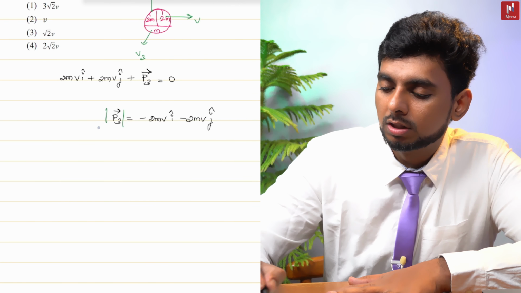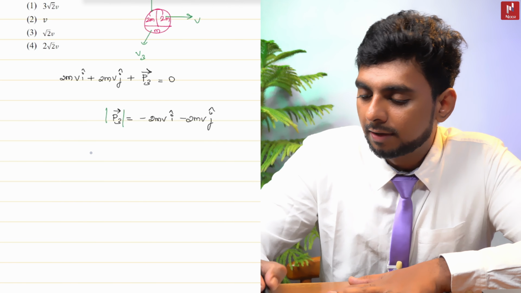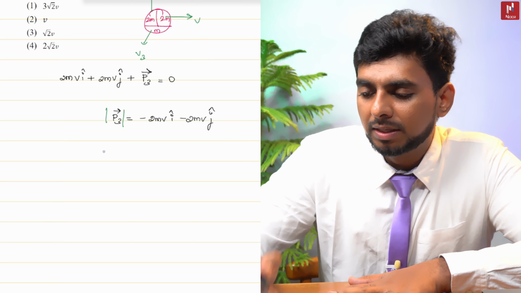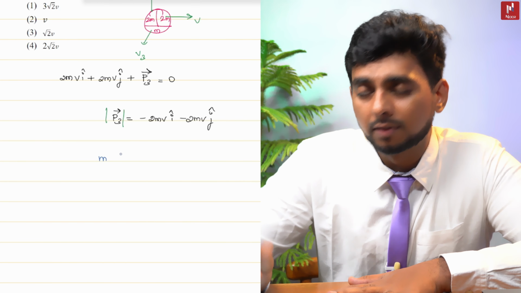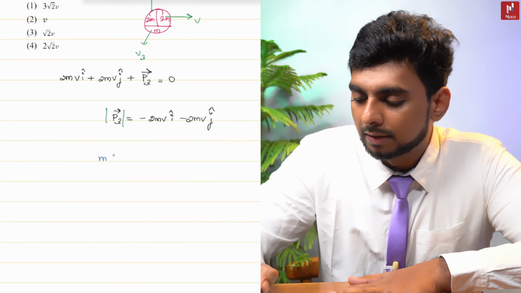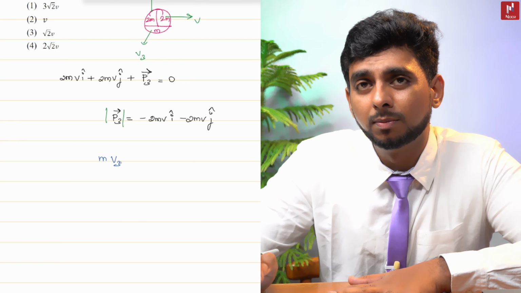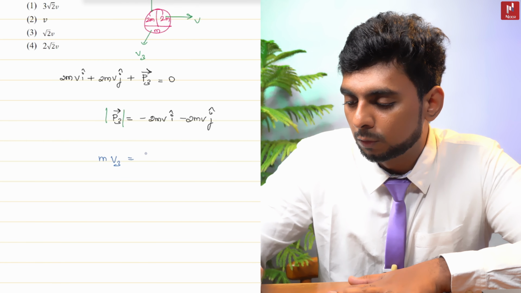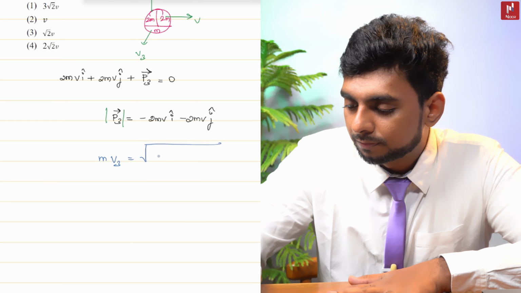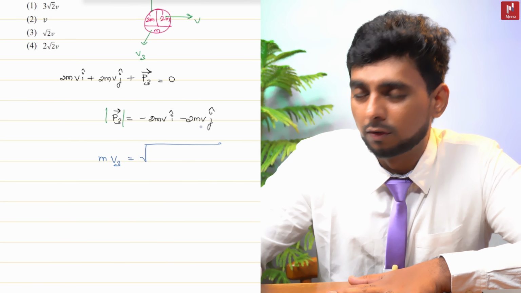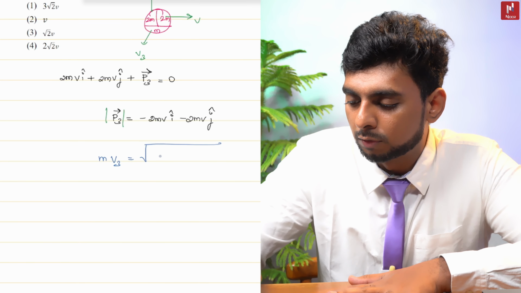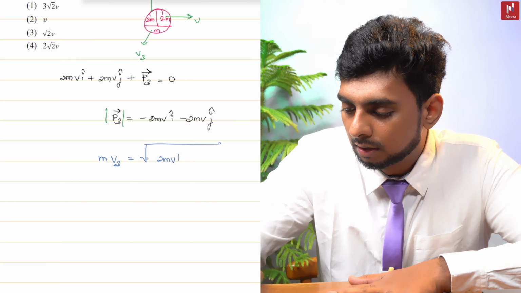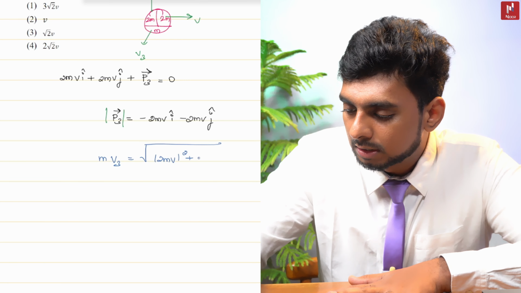If I get the modulus of the above equation, the modulus of vector p3 will be the mass of the lighter particle, m, times the speed of that velocity, v3. The magnitude will be the root of, since the negative will be squared, it becomes positive, so 2mv the whole square plus 2mv the whole square.